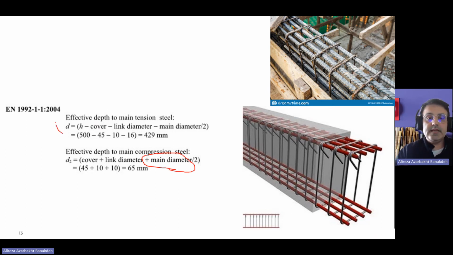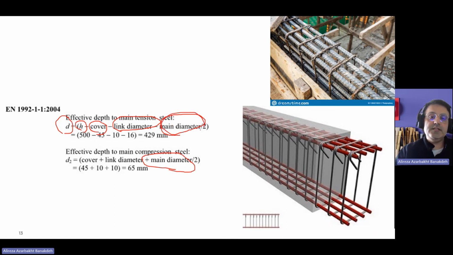And if you want to calculate the d parameter, it means the whole height of your section minus the nominal cover minus the shear link diameter minus half of the main diameter, meaning the bottom reinforcements in your section.